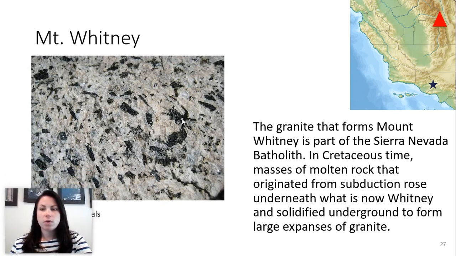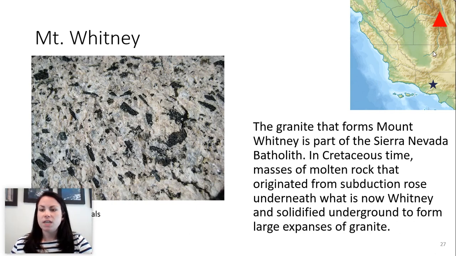Okay, so here's an example of an amphibole from Mount Whitney. So here we are generally where the star is, near the coast of Ventura County area, and Mount Whitney is the red triangle. And so the granite that forms Mount Whitney is part of the Sierra Nevada batholith. There's that word again.